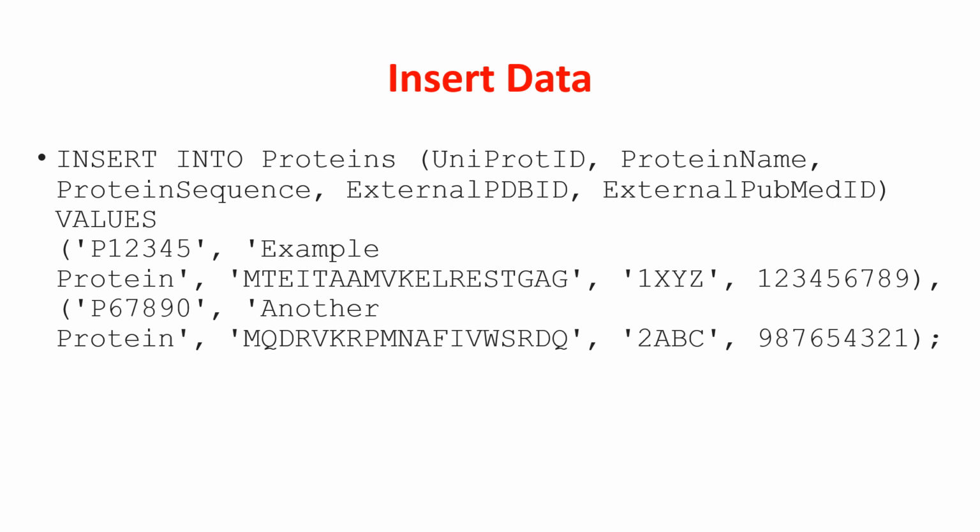The values are indicated. You remember when we did the insert data command in MySQL, it's still the same process. So here we have the values. Under the values, we open the parentheses and close it. And within these values, for each of the columns under that table, for UniProt ID, we have the value P12345. For protein name, the protein name is Example Protein.